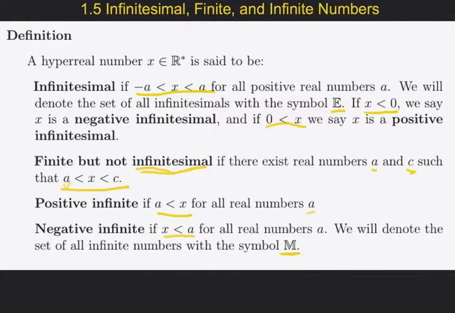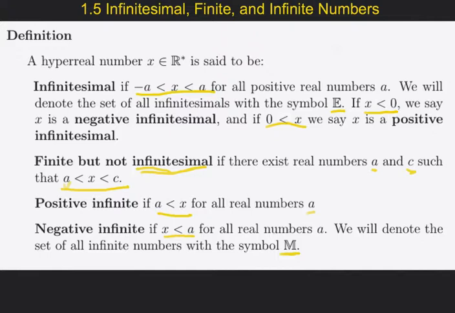So these are our three categories: infinitesimals, finite but not infinitesimal, and infinite numbers. The infinitesimals can be subdivided into positive and negative, finite numbers can be positive or negative, and infinite numbers can also be positive or negative.